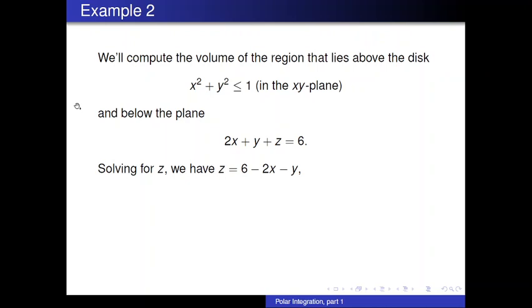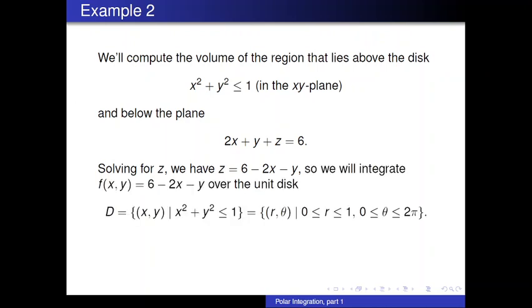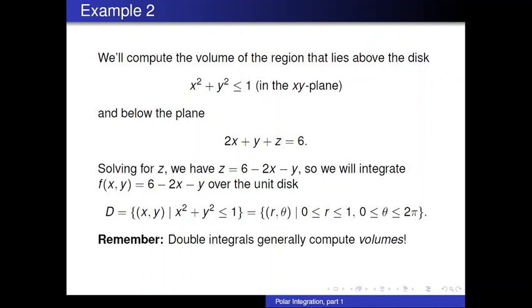And gather our thoughts before we do this integral. So we're going to integrate the function f of x, y equals 6 minus 2x minus y over the unit disk in the xy plane. But note that the unit disk is a polar box, right? It's the set of r, theta such that r goes between 0 and 1, and theta goes all the way around from 0 to 2 pi. So that's good.